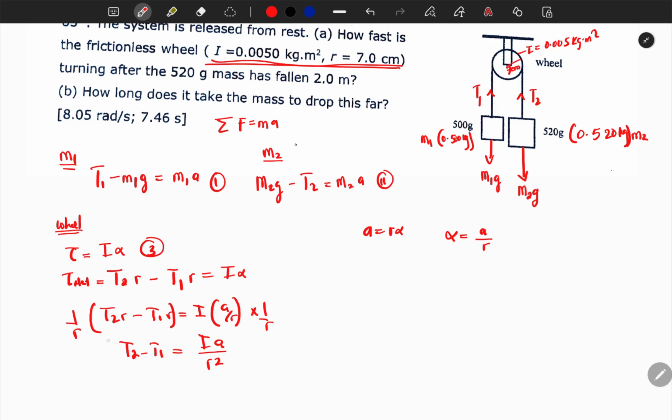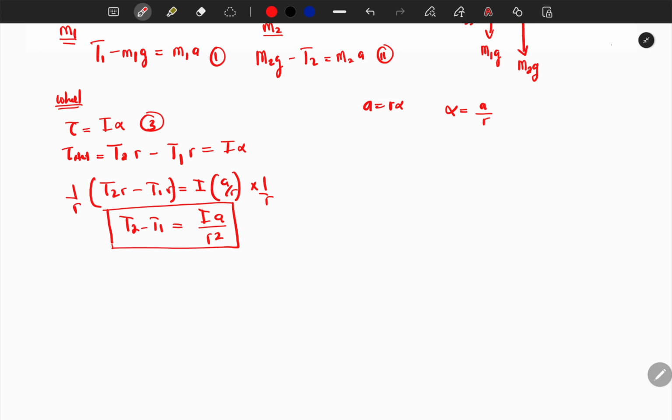It's really important. What I've just written is the net force, T2 minus T1, then I over R squared as the mass, then the acceleration at the end. So keep this equation number 4.